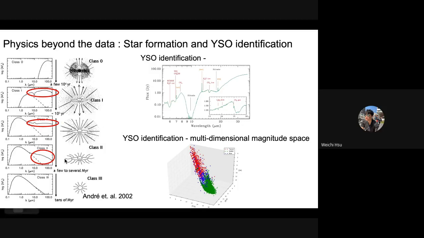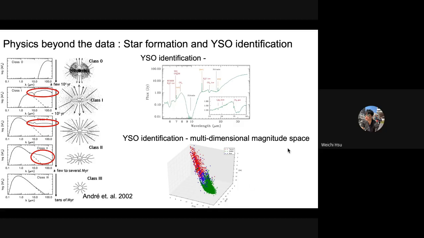So how can we classify YSO? Traditionally, the first method is spectroscopic. In spectroscopy, we use the molecular emission line to identify the YSO. And the second method is the multidimensional magnitude space.